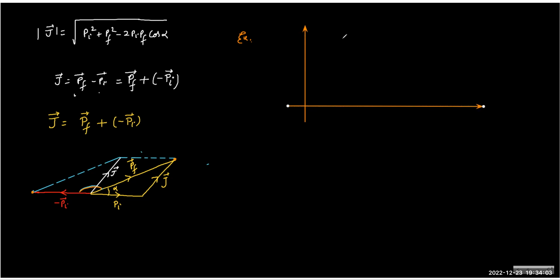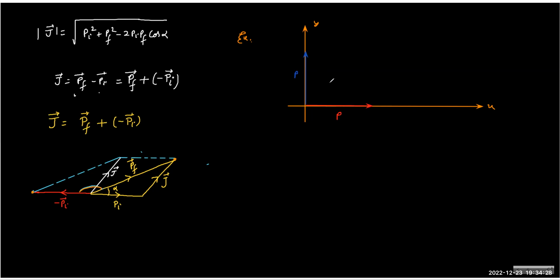Let's say we have a graph with y and x, and imagine the first momentum is like this, and the value of this momentum is, let's say, p, and there is one more momentum vector like this. This is also p in value.